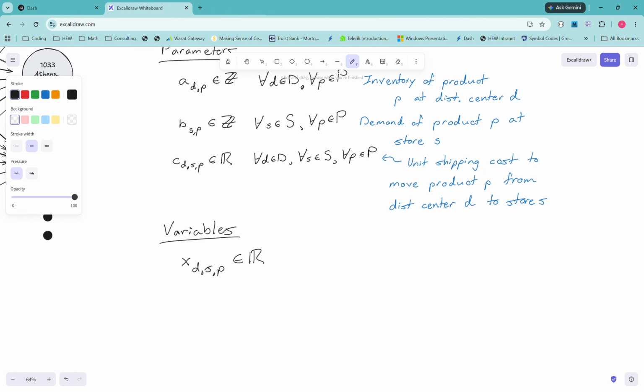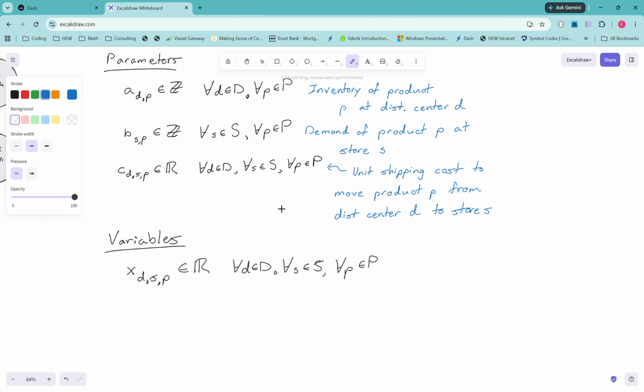All right, so with that being said, let's write the rest of this formally. I need one of this variable for every distribution center, every store combination, and every product combination as well.